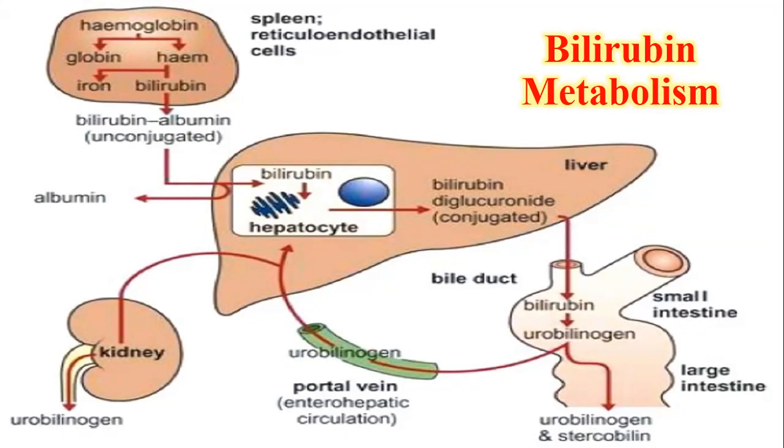Of course, the destruction of the old RBCs happens in the reticuloendothelial cells. The liver starts to take up the bilirubin bound to albumin in the circulation and enters it into the hepatocytes, where it gets conjugated with diglucuronide. The conjugation of bilirubin with diglucuronide makes it conjugated, or what's called direct bilirubin.